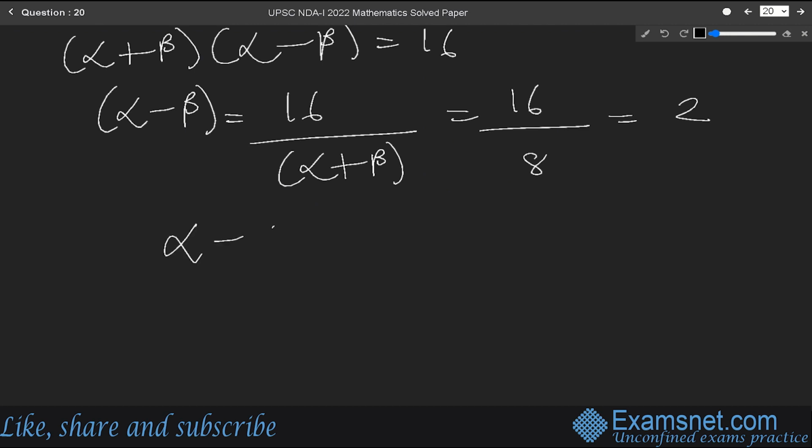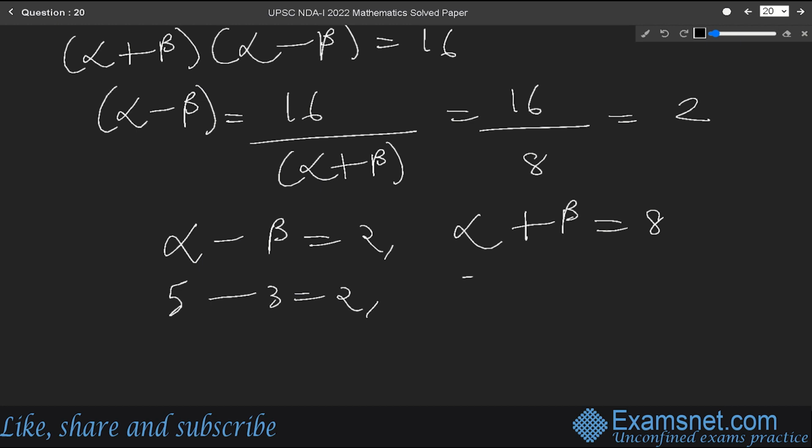Now we have the value of alpha minus beta is 2 and alpha plus beta is 8. After this we have to find two numbers whose difference is 2 and whose sum is 8. So the two numbers are 5 and 3. We can see that 5 minus 3 is equals to 2 and 5 plus 3 is equals to 8.